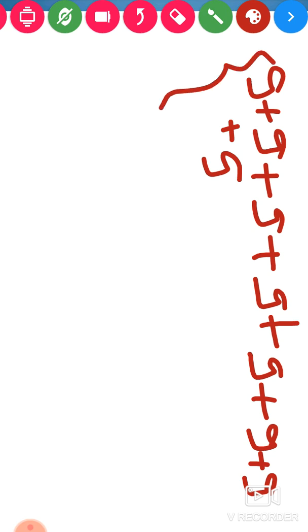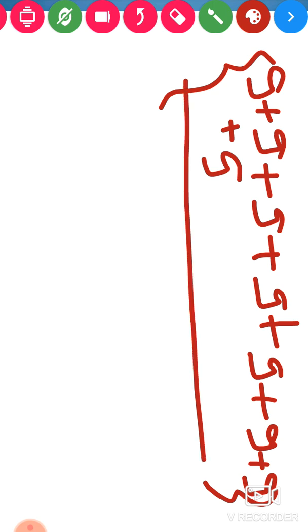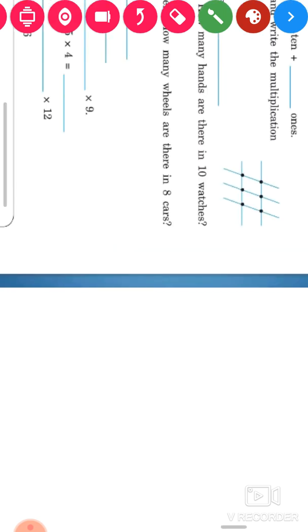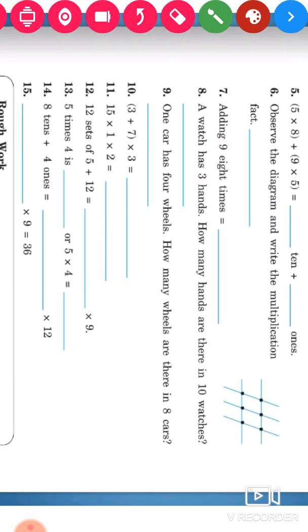So we have to add 9, 8 times. So this is repeated addition. We can also write it as 9 into 8. 9 into 8 will give us 9 eights, 72.